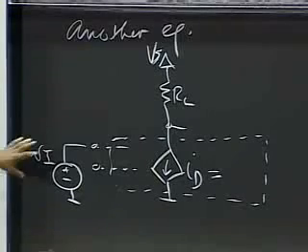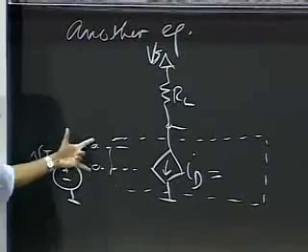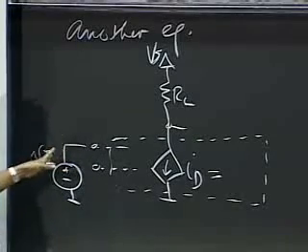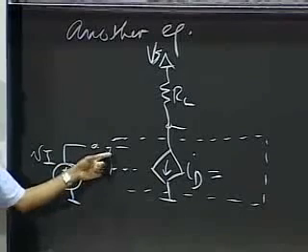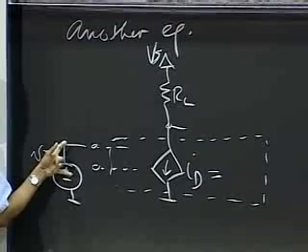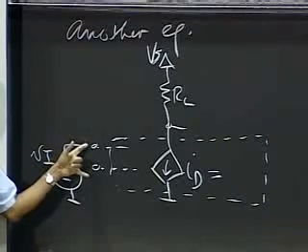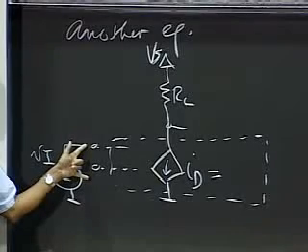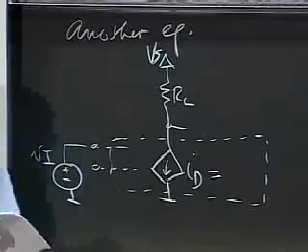And the reason we often don't show the input port is for many practical dependent sources, the input has no other effect on the circuit. So for example, in this case, the input has infinite resistance looking in. So therefore, if I apply a Vi here, it doesn't draw any current from Vi. I simply apply the voltage Vi. It doesn't affect the circuit in any other way, except in terms of how it controls the current ID.